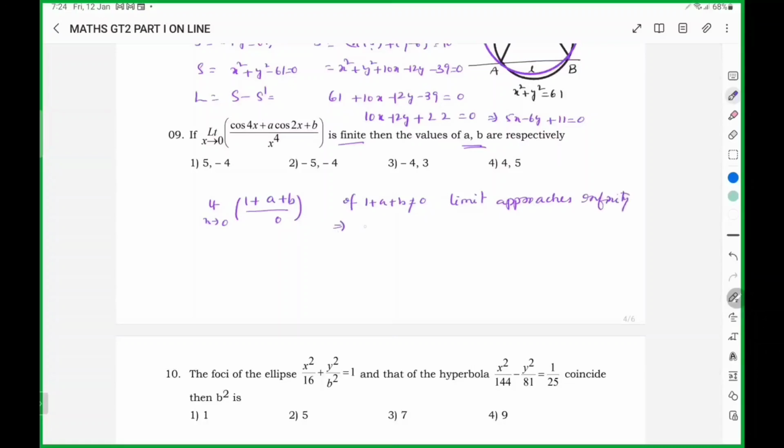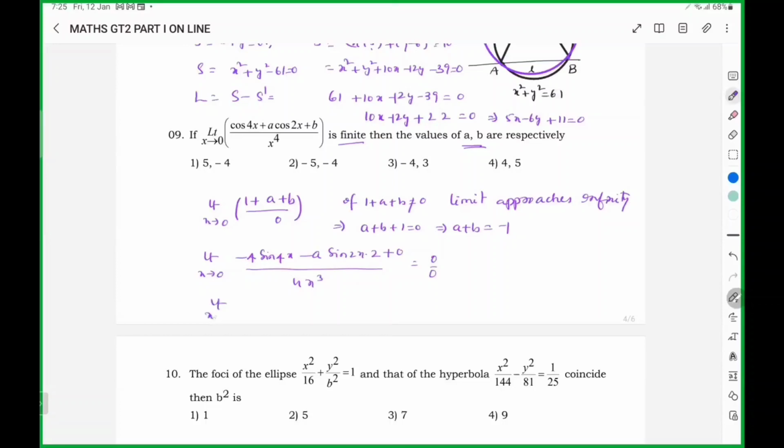So which implies the possibility is this. So now once it is 0 by 0 form, I can apply L'Hospital rule, differentiating numerator and denominator. Again, I get 0 by 0 format if I substitute.